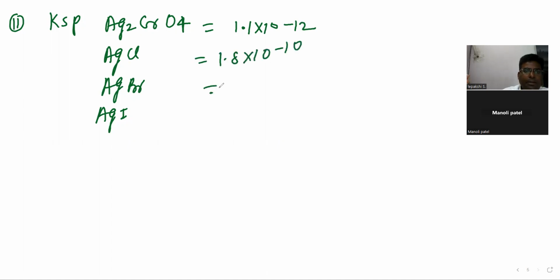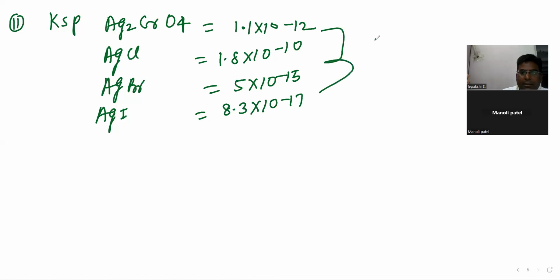So the solubility product of each compound is given: 1.1 × 10^-12, 1.8 × 10^-10, next one is 5 × 10^-13, and next one is 8.3 × 10^-17. Which one of the following salts will precipitate if silver nitrate is added?